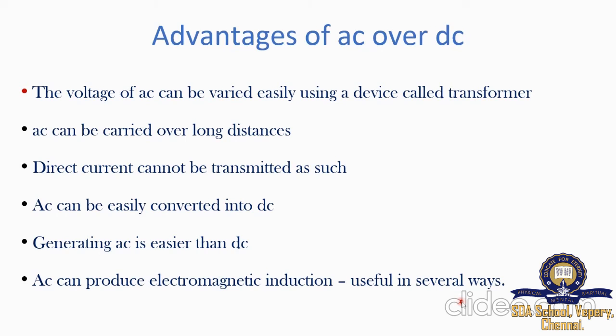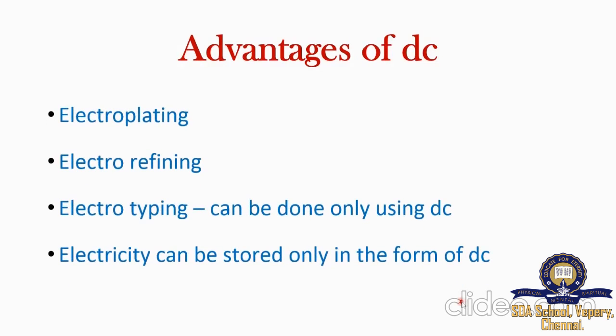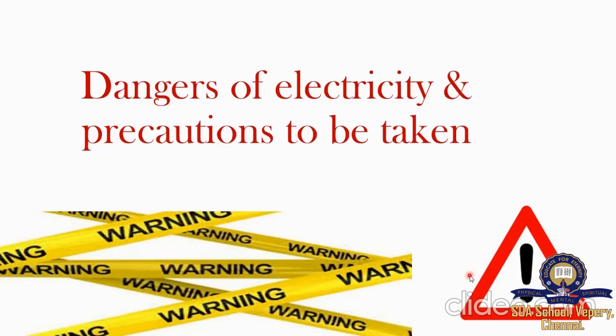Then what would be the advantages of direct current? It is used in electroplating, electrorefining, electrotyping, and electricity can be stored only in the form of direct current. So next we are going into an important topic, which is dangers of electricity and precautions to be taken.